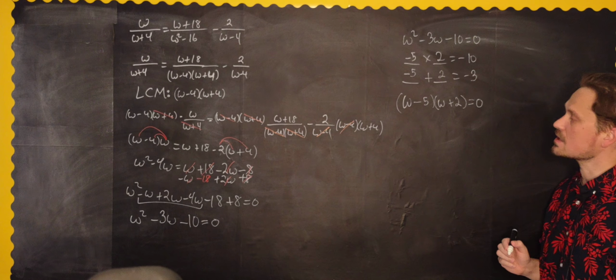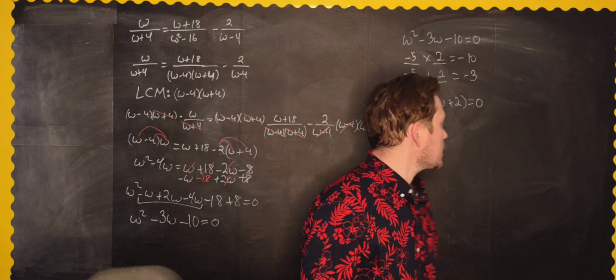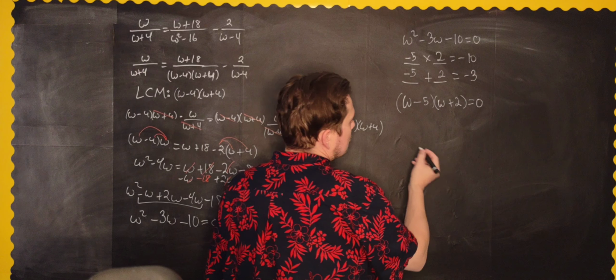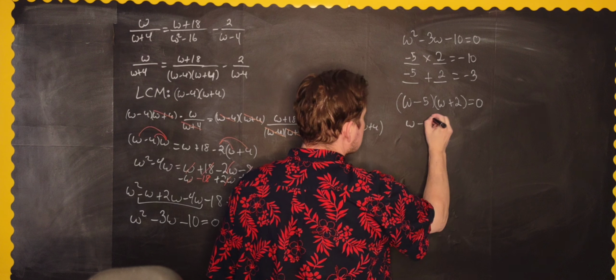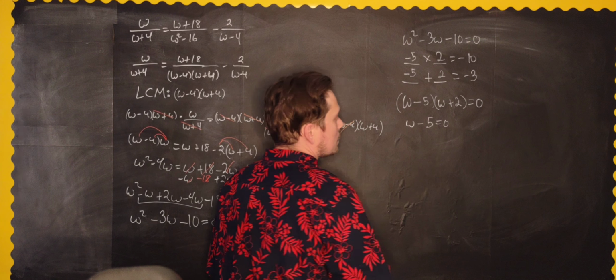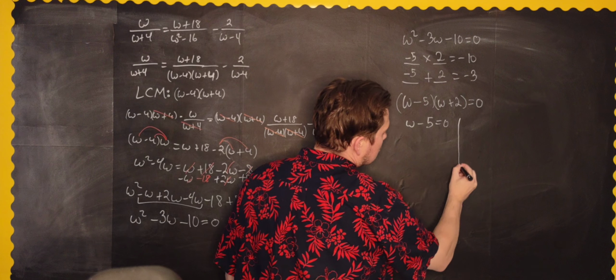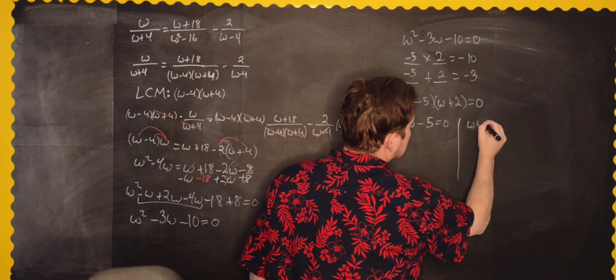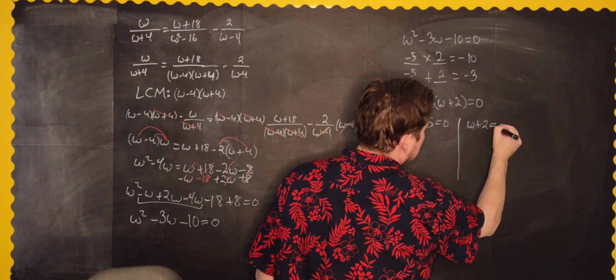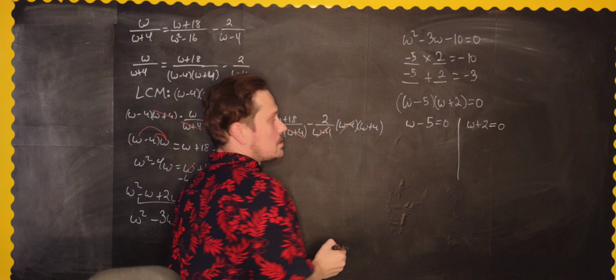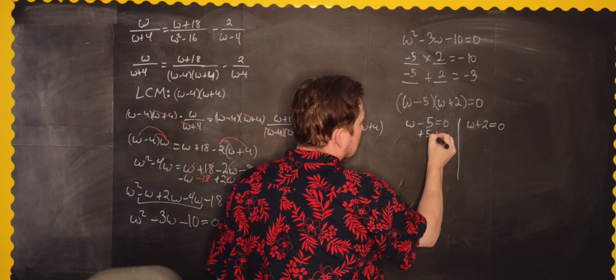And now we can finish this up. Just set each factor equal to 0 independently. So you're going to have w minus 5 is equal to 0 as a possibility, or w plus 2 is equal to 0 as a possibility. And then you solve each equation. So you're going to do plus 5, plus 5.